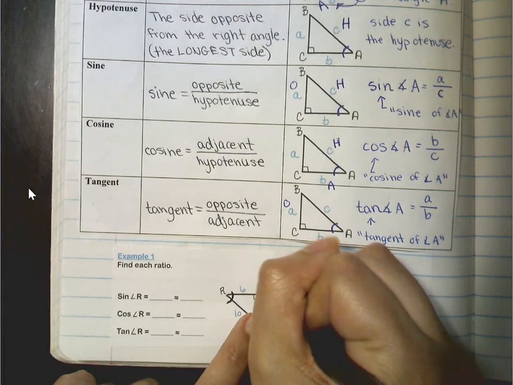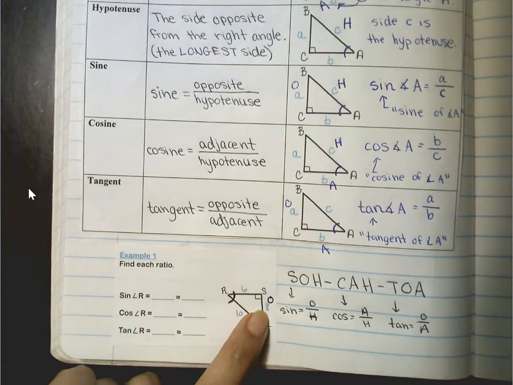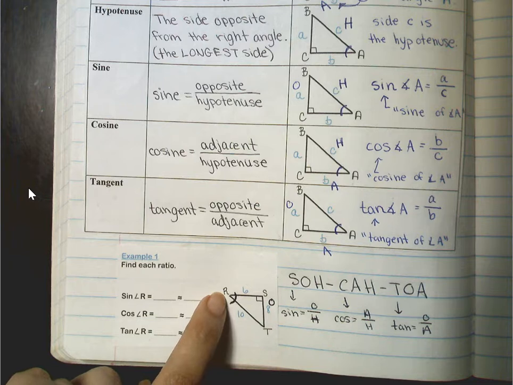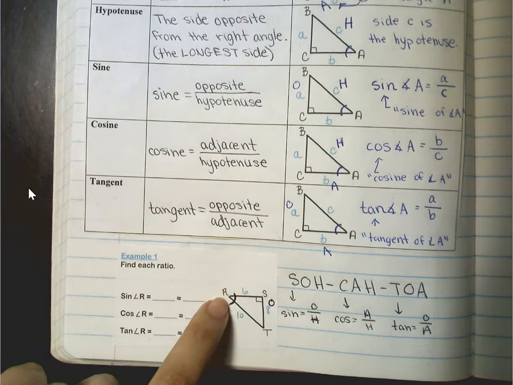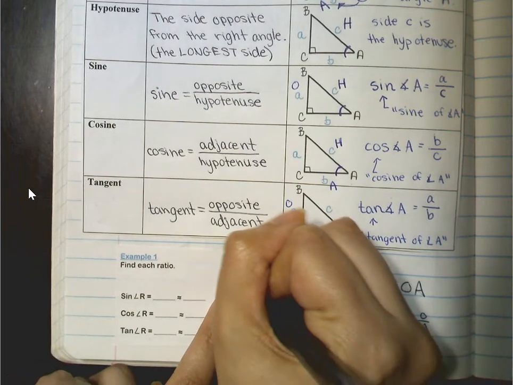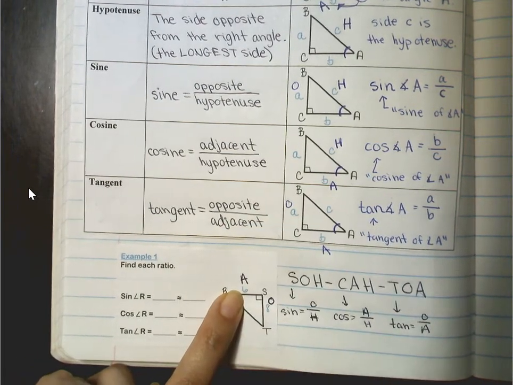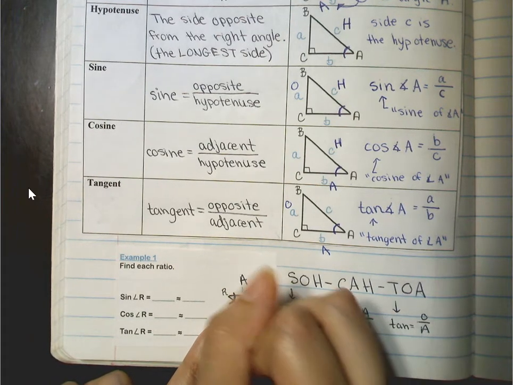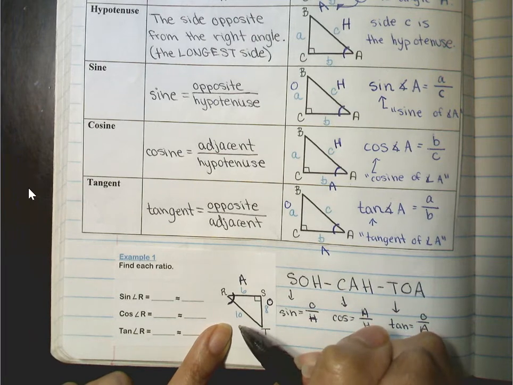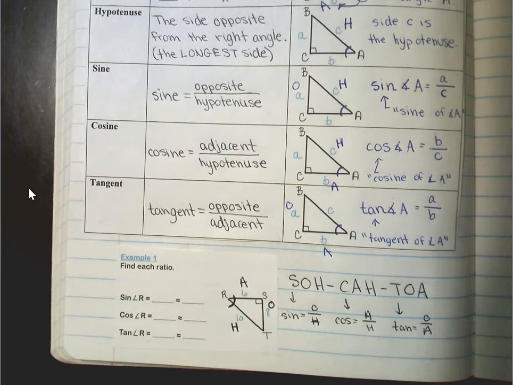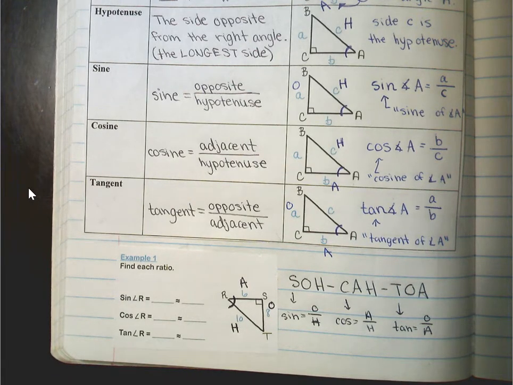So that's my O. Next to angle R, adjacent, next to it is the 6. Not the 10, because remember that's the hypotenuse. I want the side. So 6 would be the adjacent. So I'm going to label that with A. And then the longest side, always across from the 90-degree angle, that's always H, the hypotenuse.